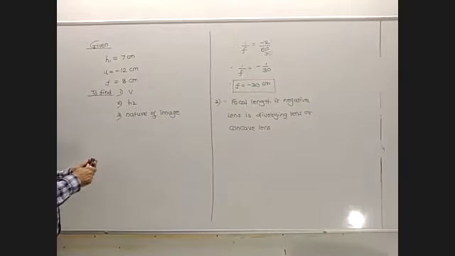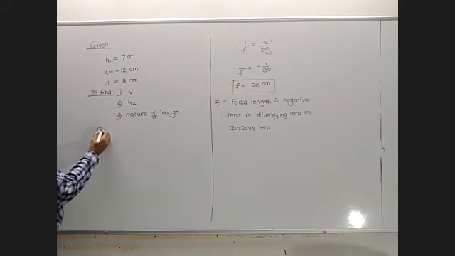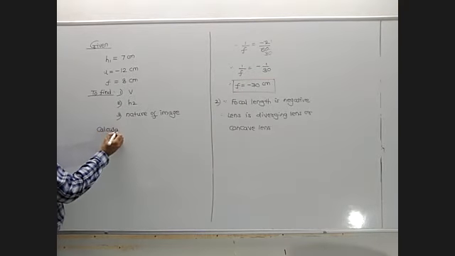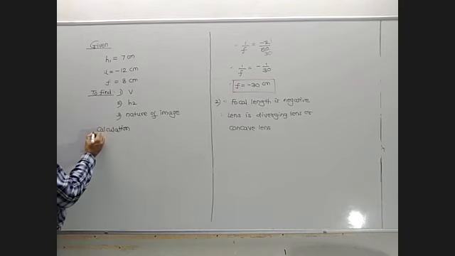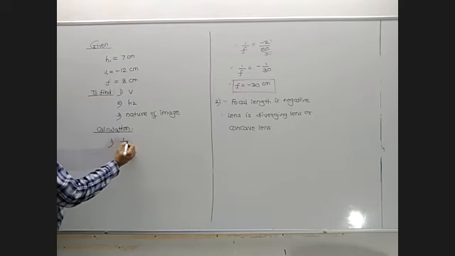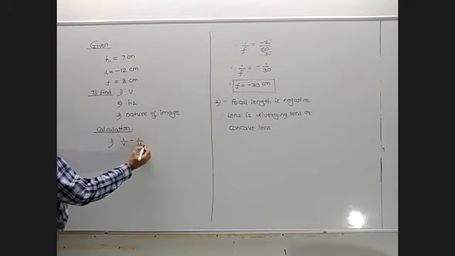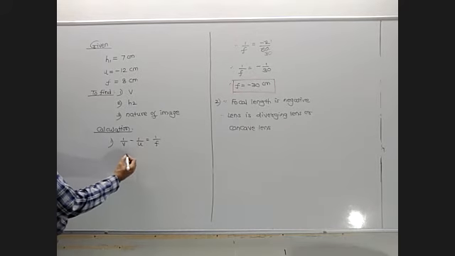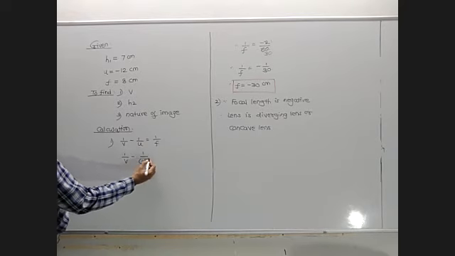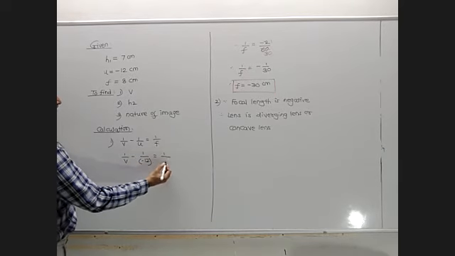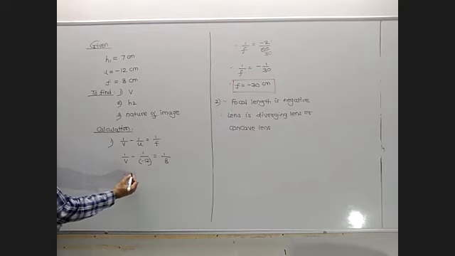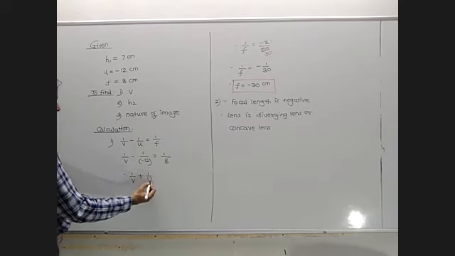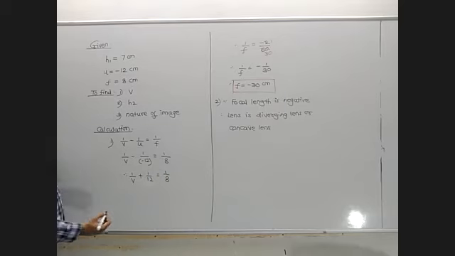Look now. 1 upon v minus 1 upon u is 1 upon f. So here we substitute the known values. 1 upon v minus u, u is minus 12, and 1 upon f, f is 8. So 1 upon v minus minus, plus 1 upon 12, is 1 upon 8.